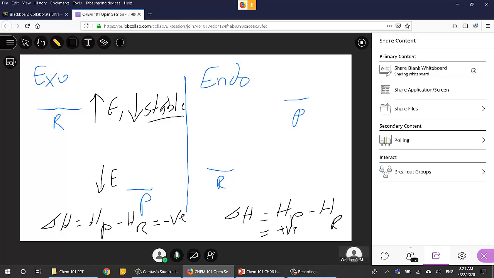In an endothermic reaction, the reactants have lower energy, so they are more stable than the products. In this case, the products will be higher in energy and less stable than the reactants. Okay, so just keep this in mind when you study.